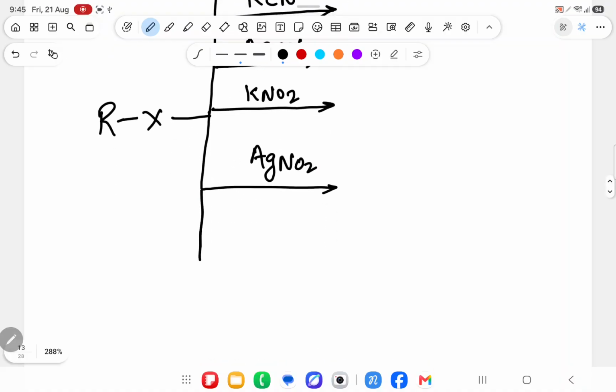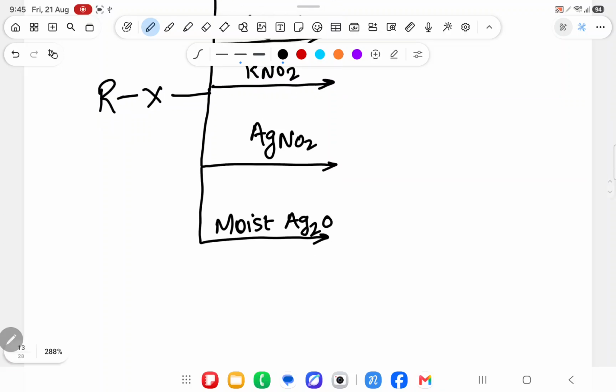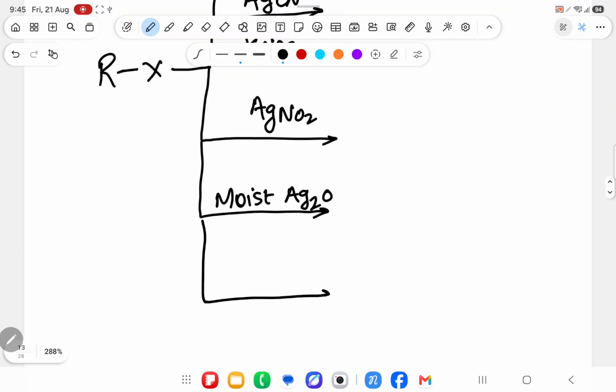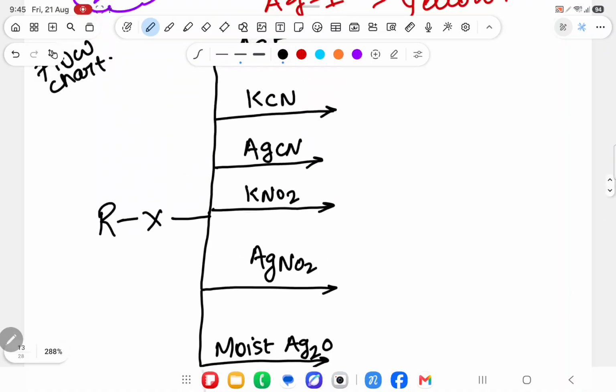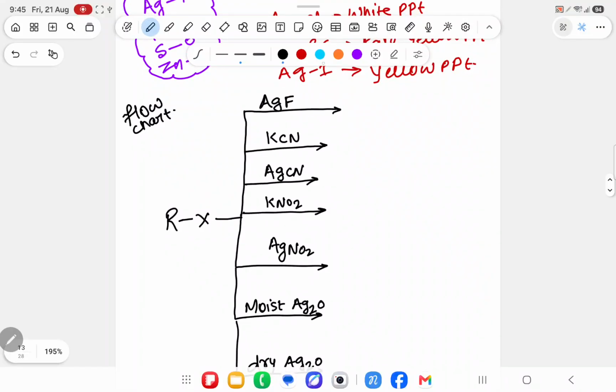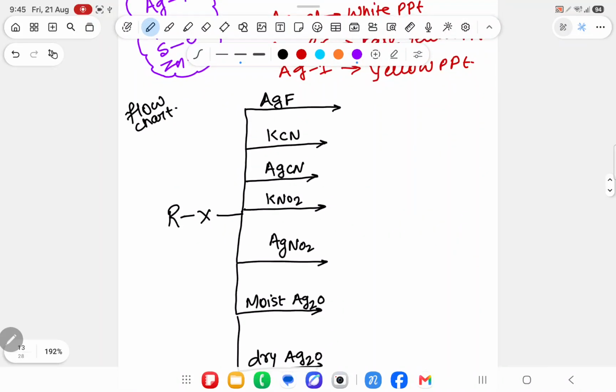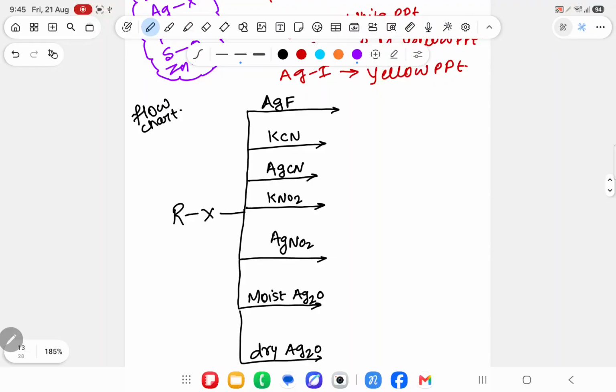AgNO2, sixth one. Moist Ag2O, seventh one dry Ag2O.